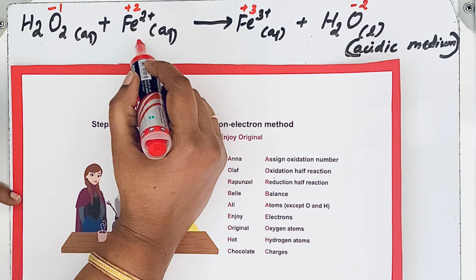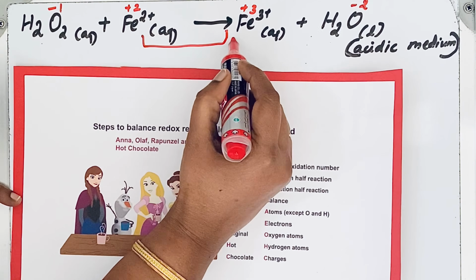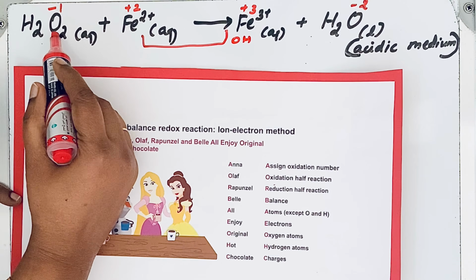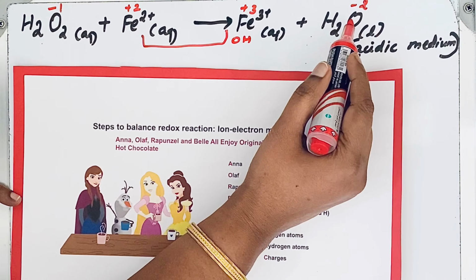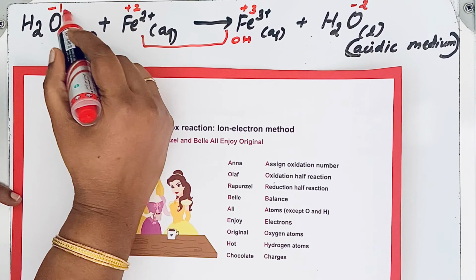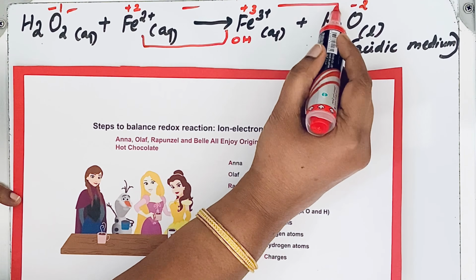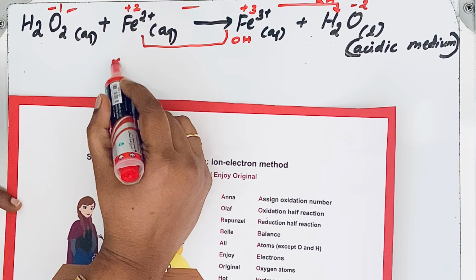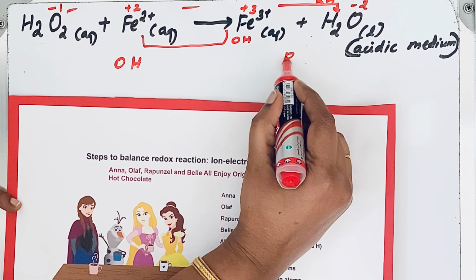So this is oxidation, OH. Then what about hydrogen peroxide? Here oxygen goes from -1 to -2. So it is reduced. So this one is reduction, RH. So let us write first OH and RH.